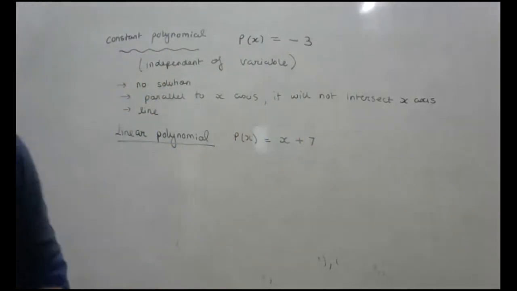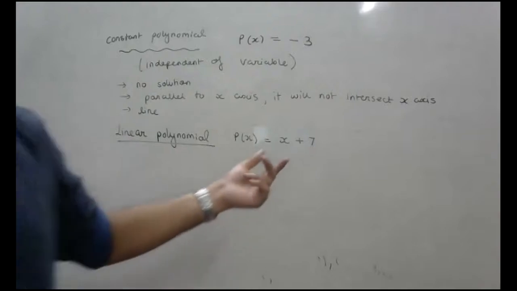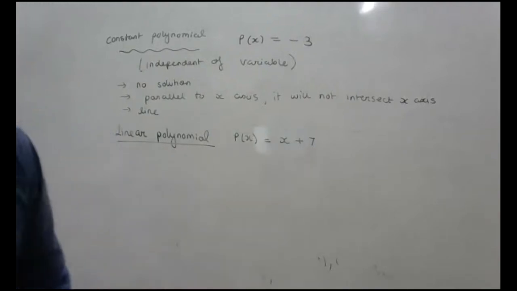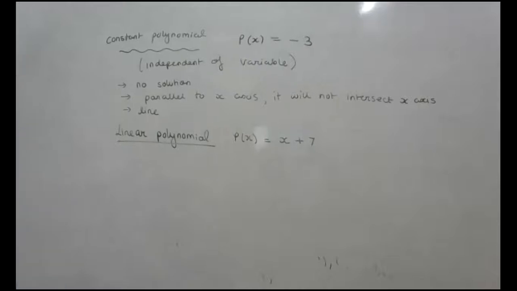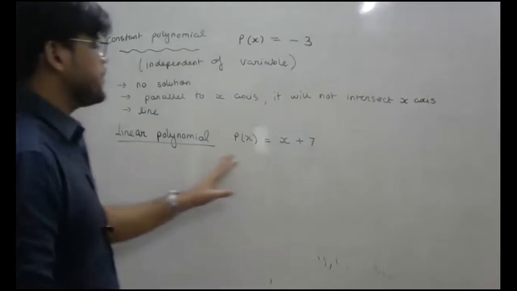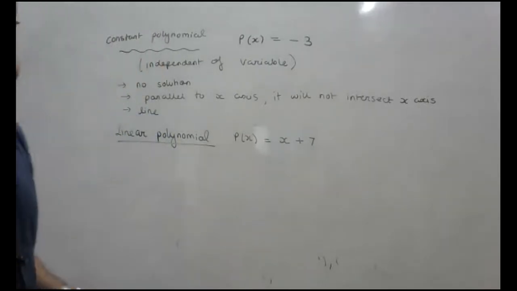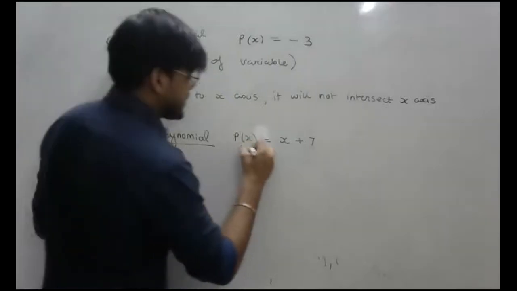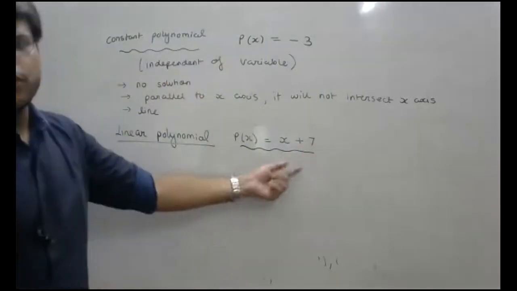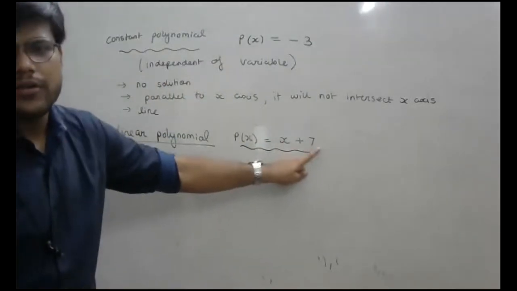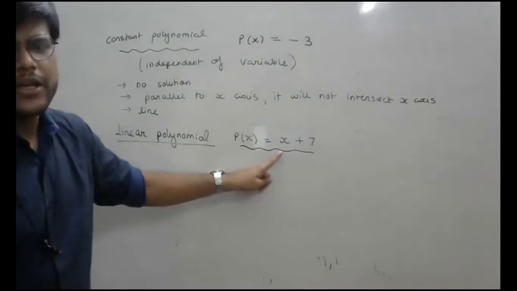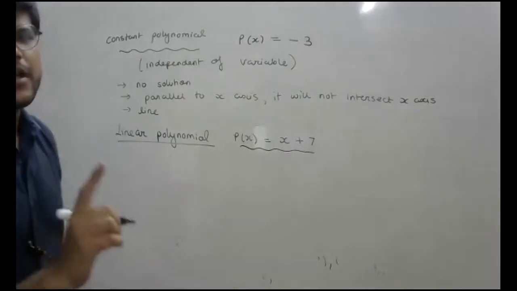Here, the power of x, or the degree of variable, is 1. This is a linear polynomial because the degree of the variable is 1, x की power is 1.